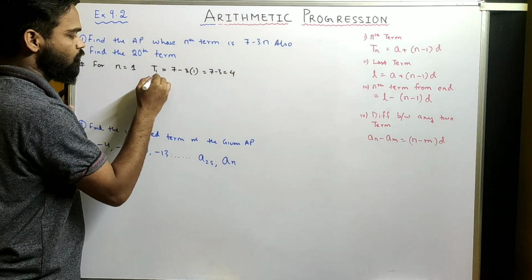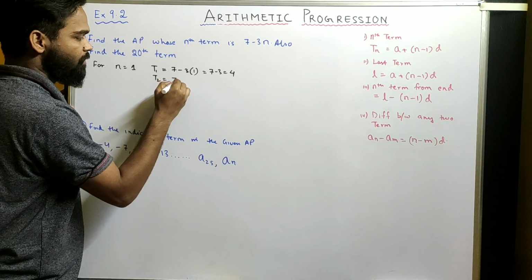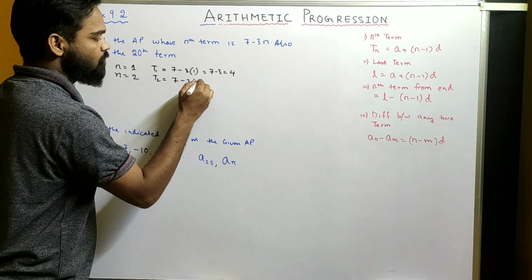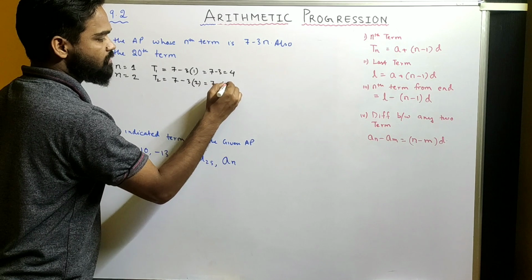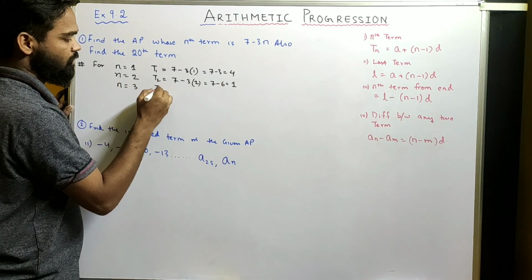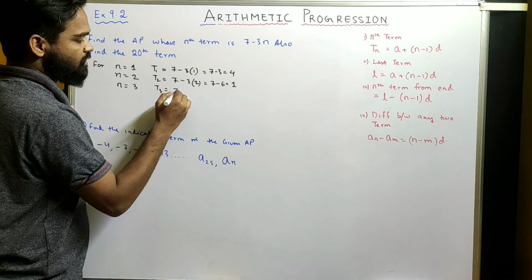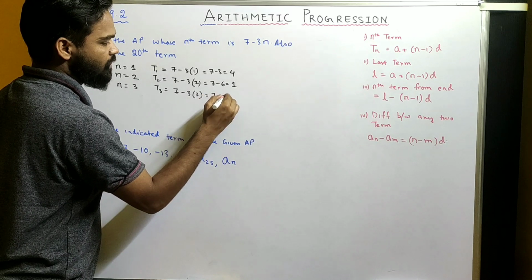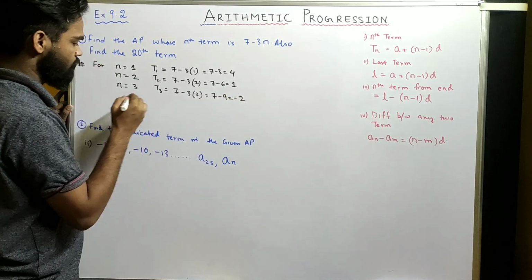Similarly, T2, second term, will be for n equals 2, 7 minus 3 into 2, that's 7 minus 6, that's 1. Similarly, n equals 3, you have t3, 7 minus 3 into 3, which is 7 minus 9, that's minus 2.